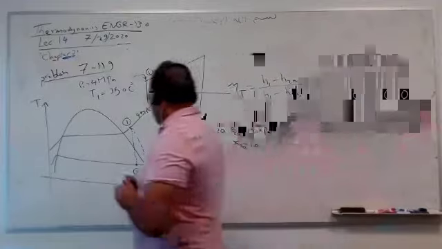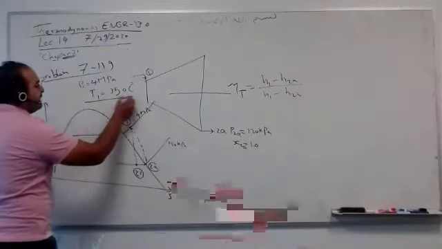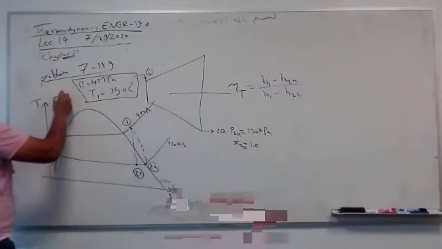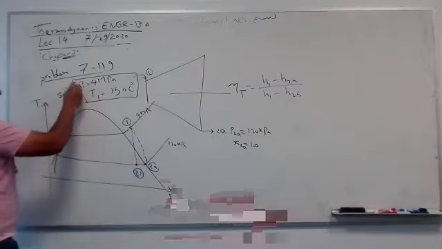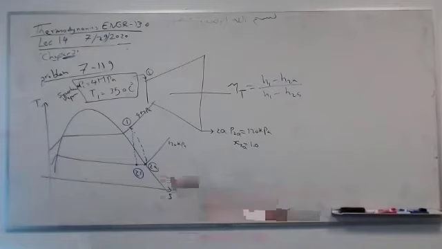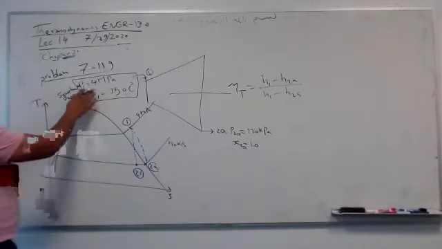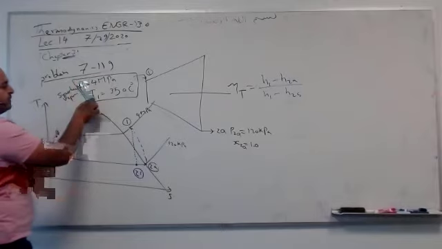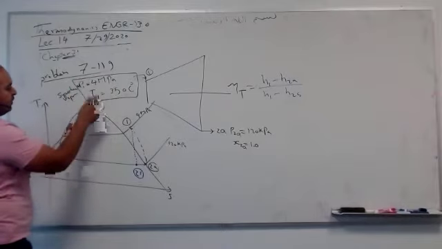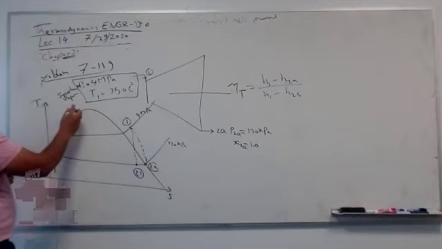So let's see. You have 1? Yes, you have everything at 1. If you go check, it's superheated vapor, of course, because it's the inlet of the turbine. At this temperature, actually, this temperature is almost the same as critical. It's a very high temperature.